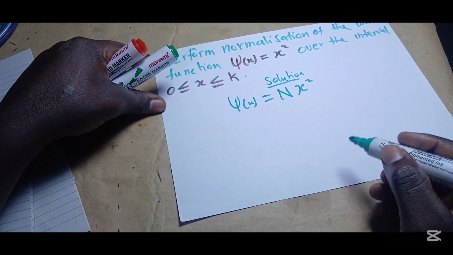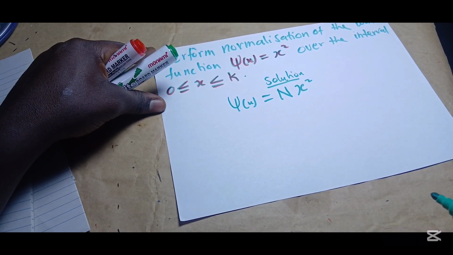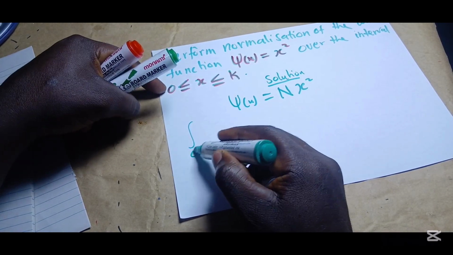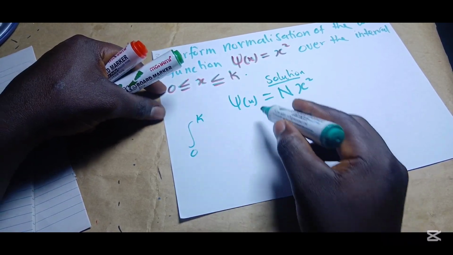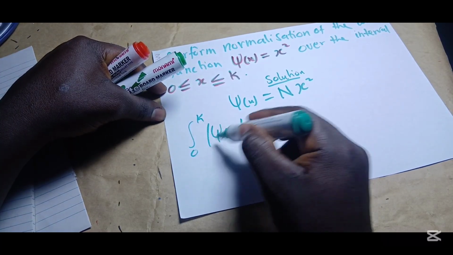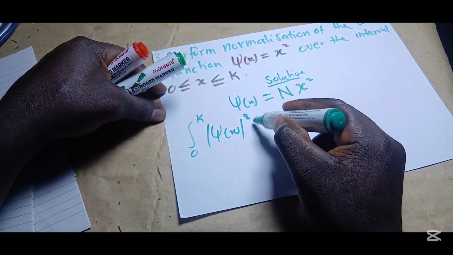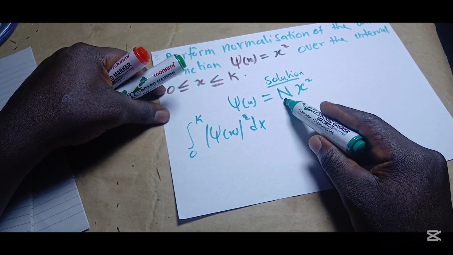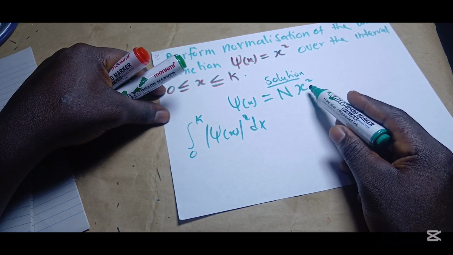So to normalize this, we take the integral from 0 to k of the wave function squared dx. And the wave function now is N x squared.